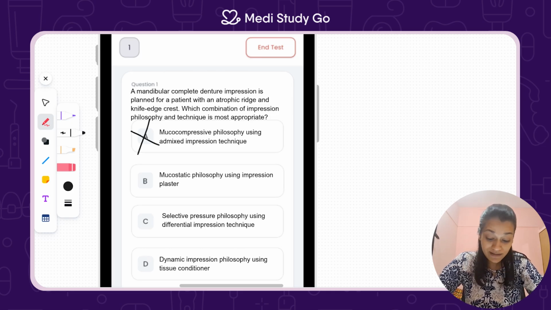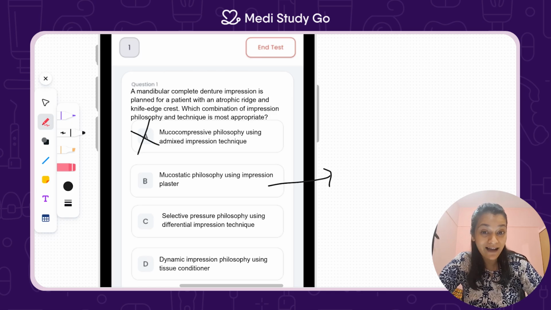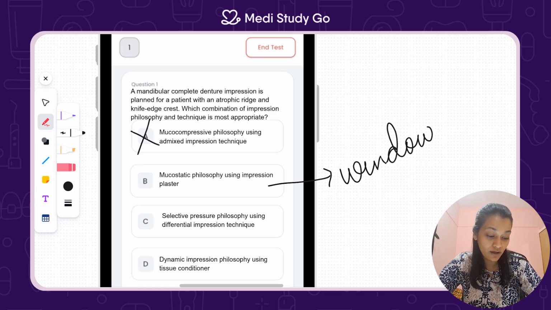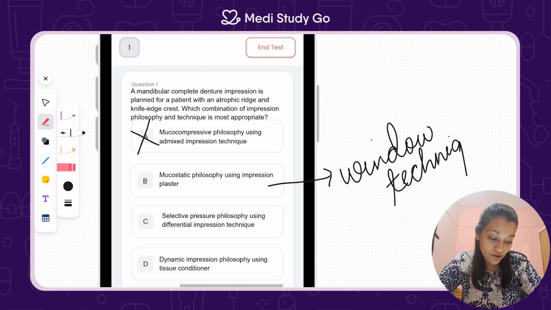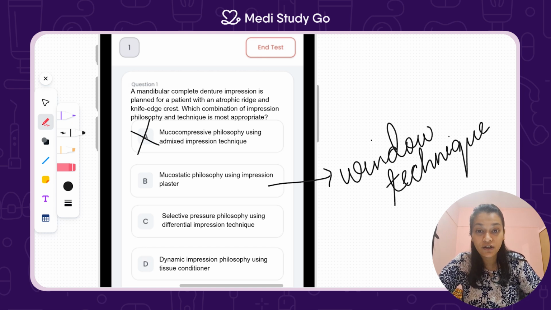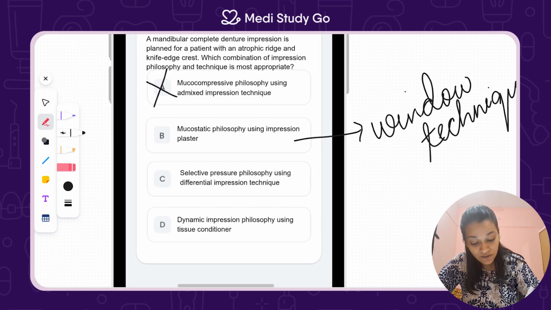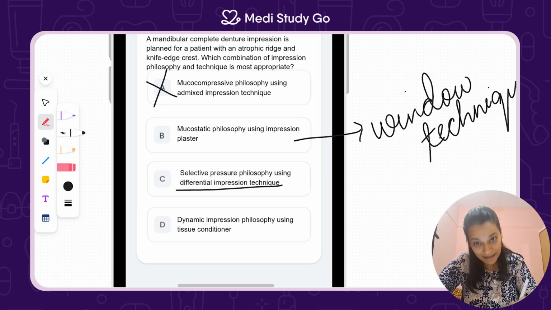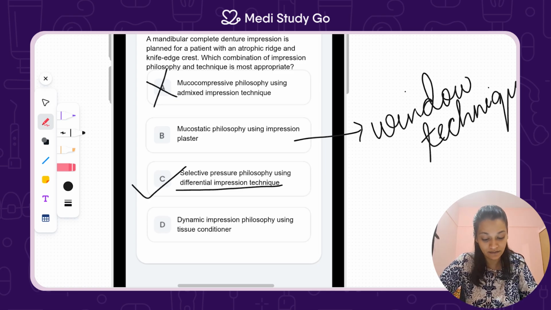No. Mucostatic using impression plaster would have been employed for the window technique, for flabby tissues. I would in fact want to give differential or selective pressure. So selective pressure philosophy using the differential impression technique. Yes, I might consider this.